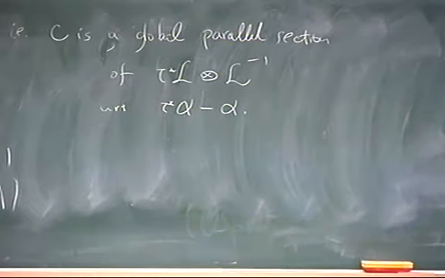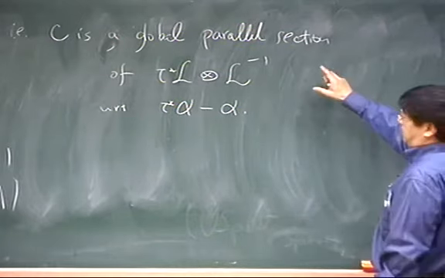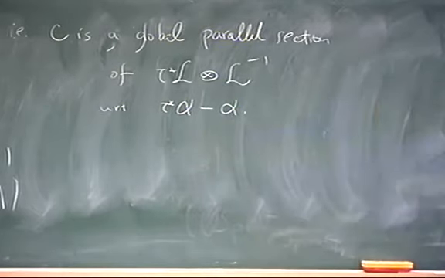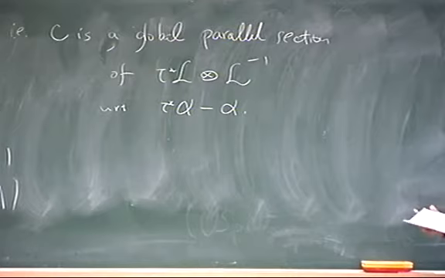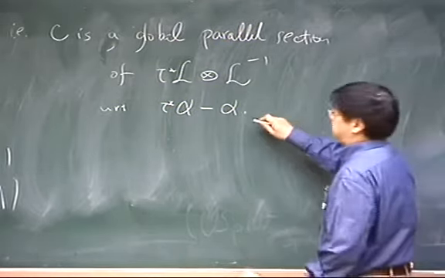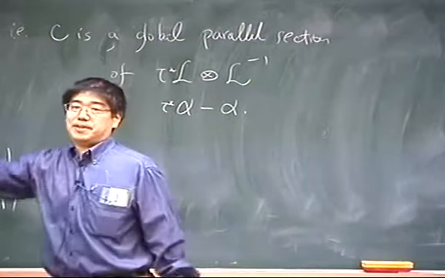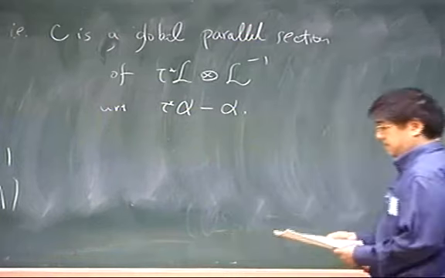So maybe I didn't say it correctly before. Alpha is not arbitrary. Alpha has to obey this condition, namely this combination should be flat and have no holonomy along any loop. Okay, so this is a strong condition on alpha itself. This comes from the requirement that P squared is identity.